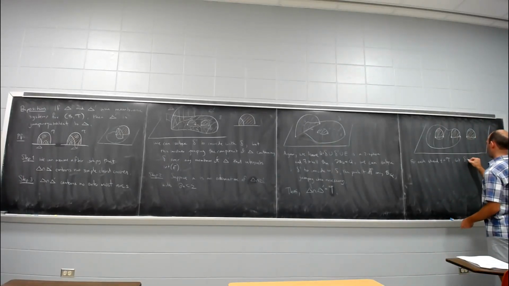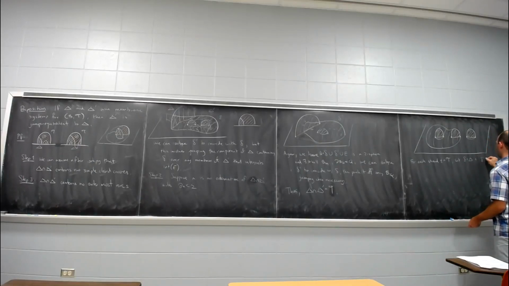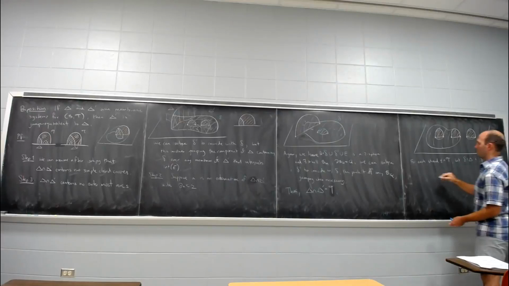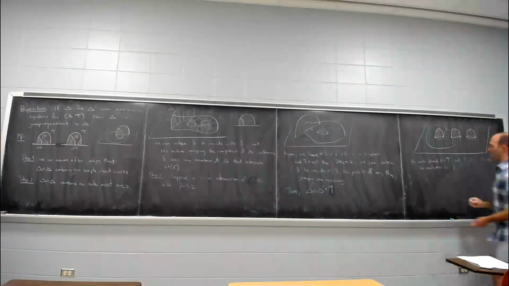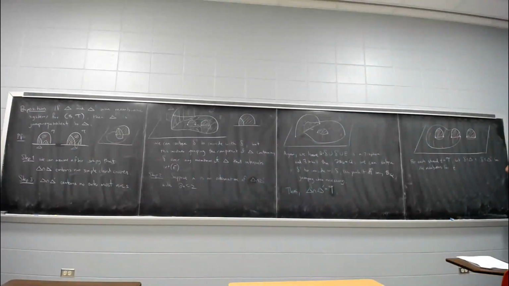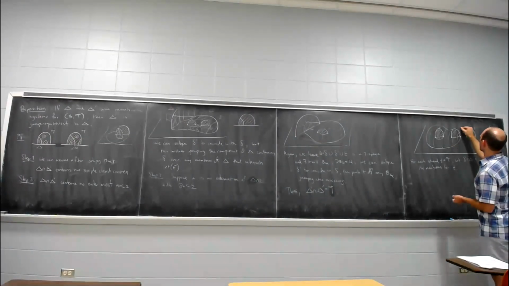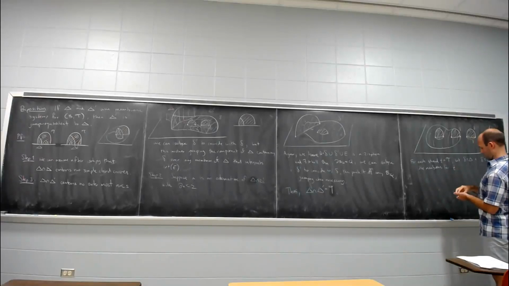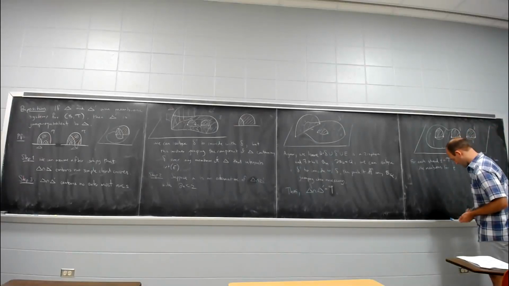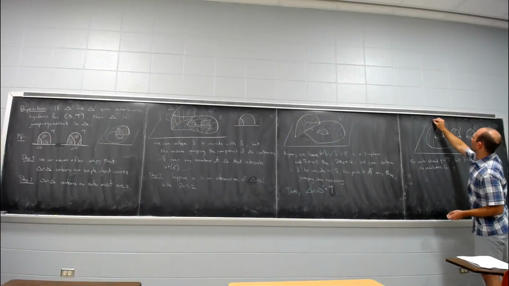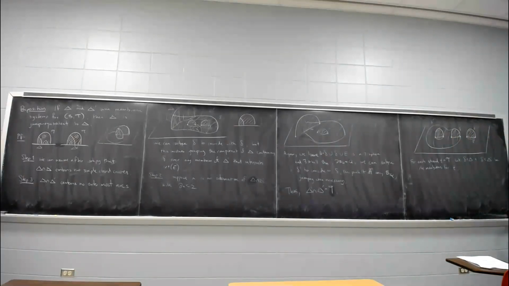Let delta and delta prime be membranes for that strand T. So you might think of this delta and this delta prime, or you might think of that delta and that delta prime.